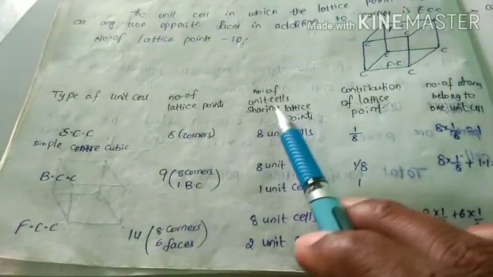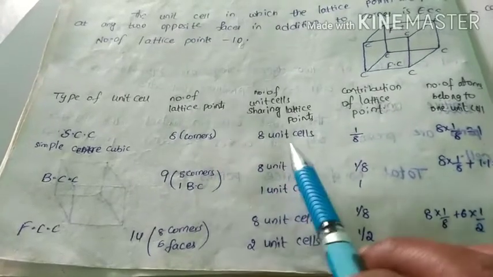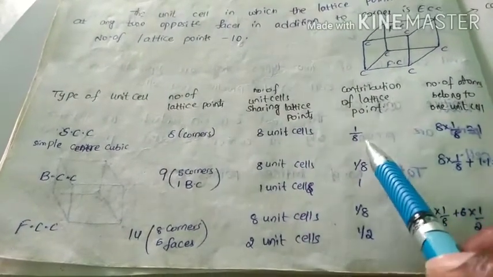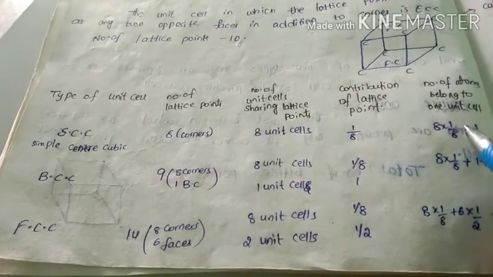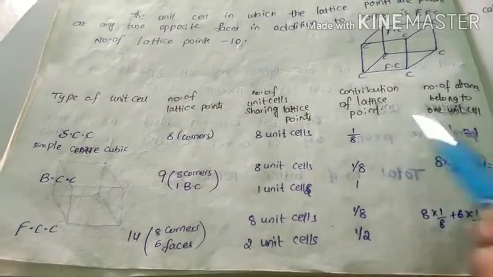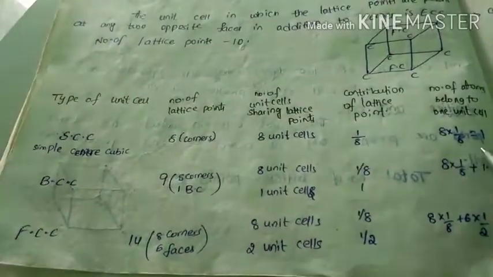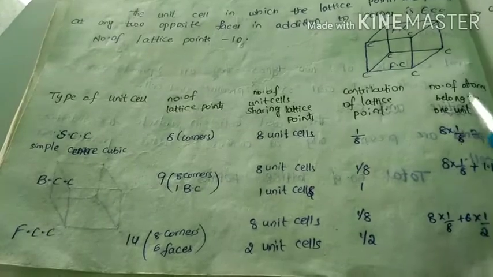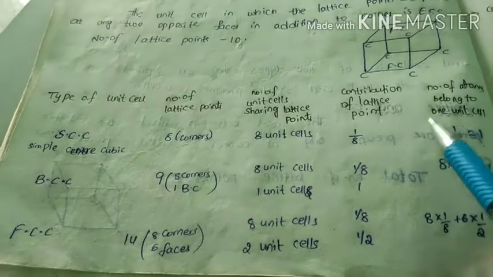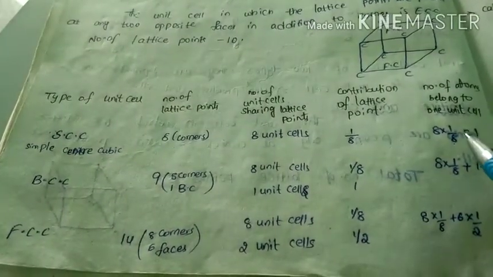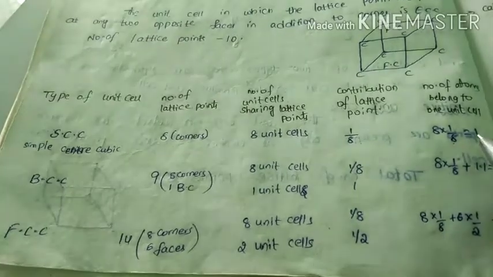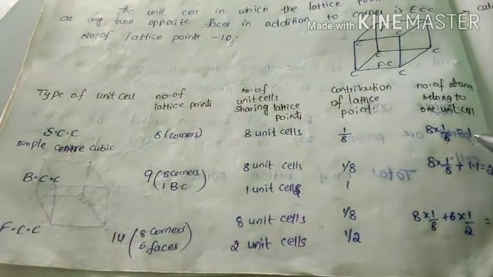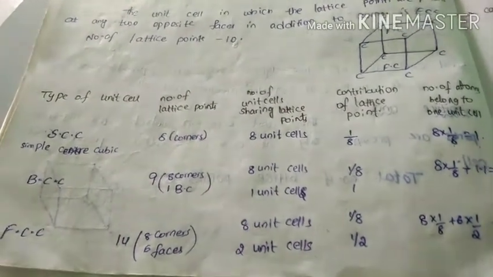Then how many unit cells are sharing the lattice points? 8 unit cells, I discussed already. 8 unit cells share, so its contribution is 1 by 8. So total number of atoms belonging to one unit cell, how many? 8 into 1 by 8, that is equal to 1. That means if particles are present at only corners in any unit cell, then the number of atoms in that one unit cell is equal to 1.